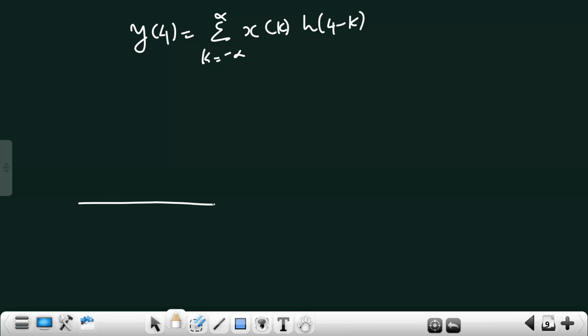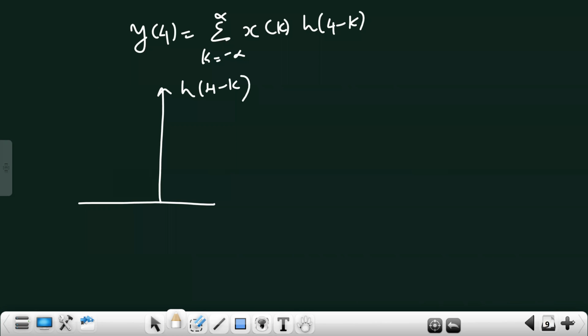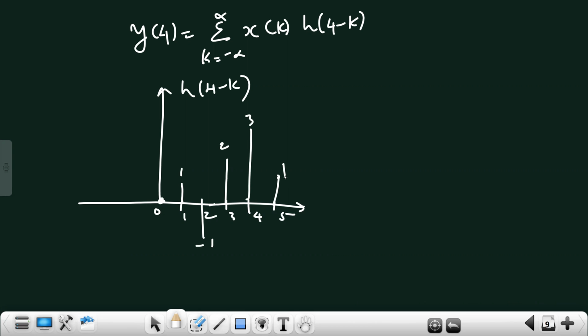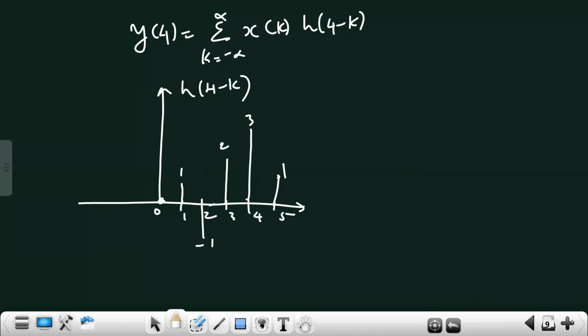So plot h of 4 minus k by shifting h of 3 minus k towards right by 1 unit. So it will be starting from 1 and ending with 5. X of k is still the same, starting with 1 and ending with 2. The values are 1, 1, 1.